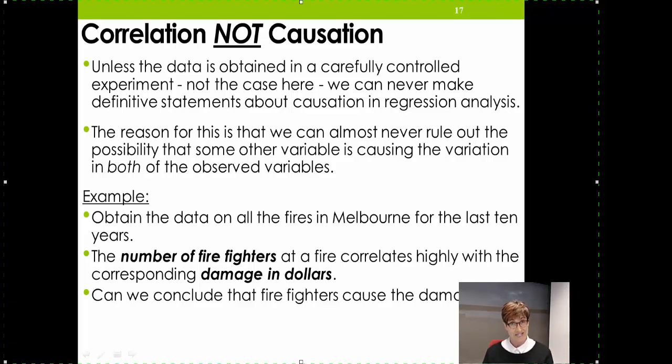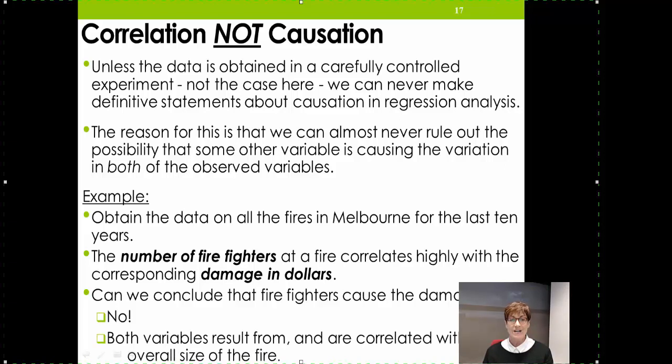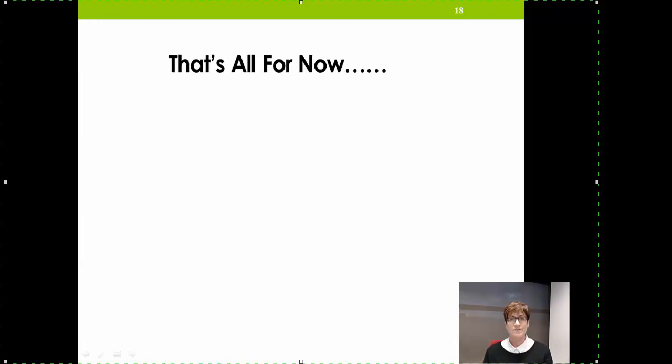My brother definitely says no. And of course that is true. We can't conclude that. It's just a good example where both variables result from and are correlated with the overall size of the fire. So it is very important to understand that it's correlation, not causation.